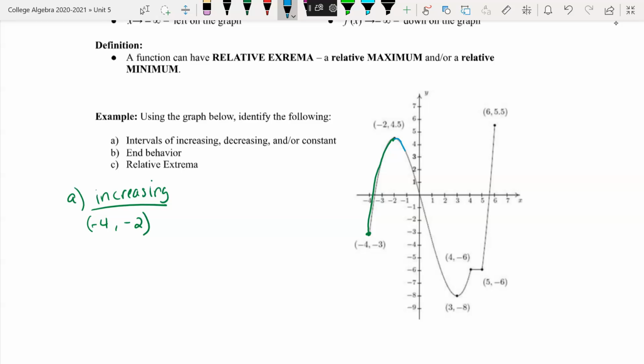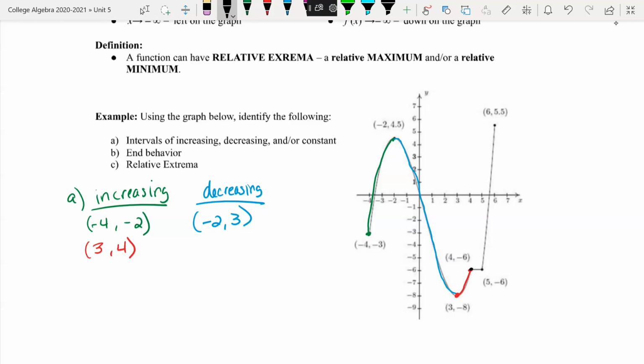And if I keep following my graph, notice now it starts to go down. So from -2 to 3, it's decreasing. And then I keep going, 3 to 4, now it's increasing again. So you could have multiple intervals of increasing or decreasing or constant, it just depends on the problem.